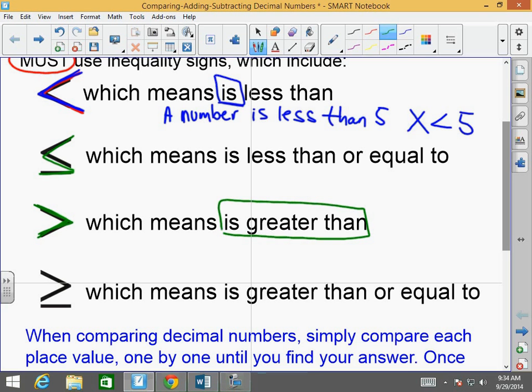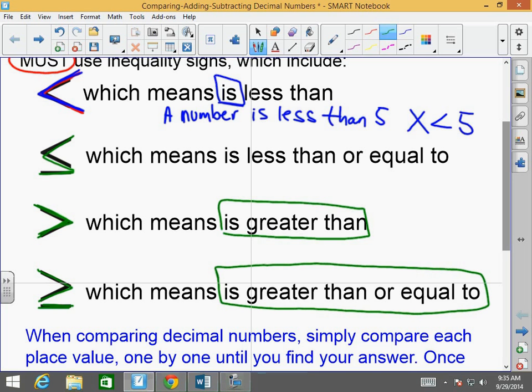Is greater than. Remember back in elementary, the alligator eats the big number. That's how you can tell. And when I have the greater than symbol with a line underneath it, that means is greater than or equal to.